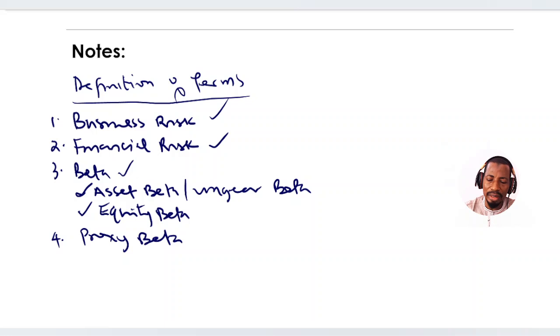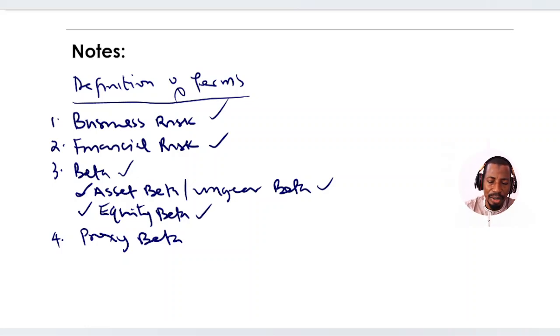Then the second one is equity beta. Equity beta measures both business and financial risk, and it is always higher than the asset beta because it involves the element of business and also financial risk.